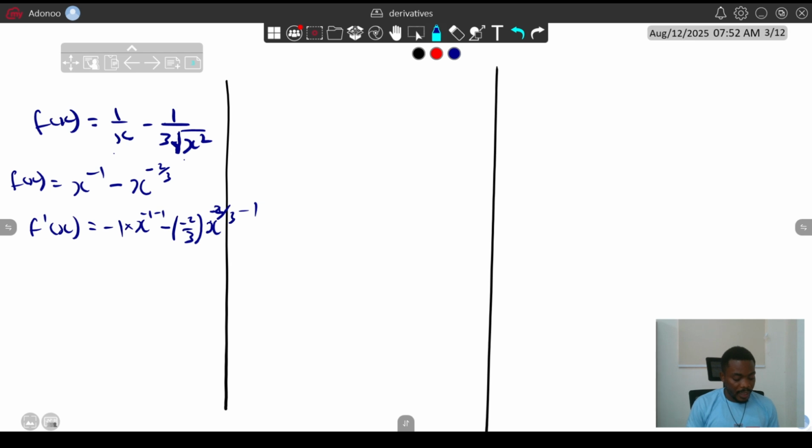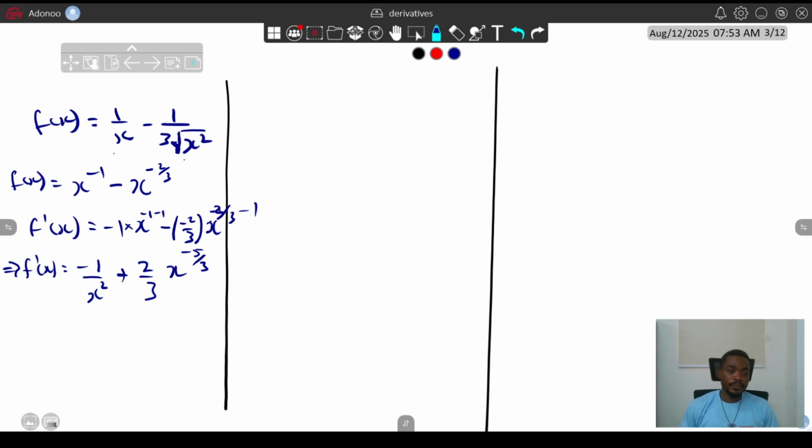And that brings us to f prime of x equals minus 1 over x squared plus 2 over 3 x raised to the power minus 5 over 3.